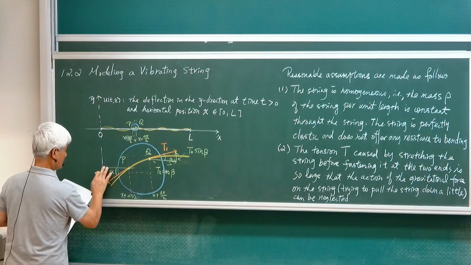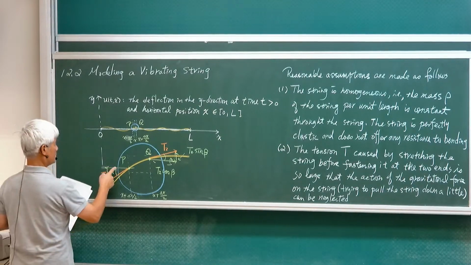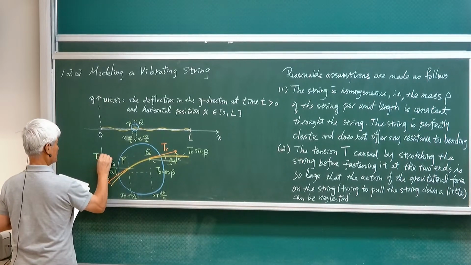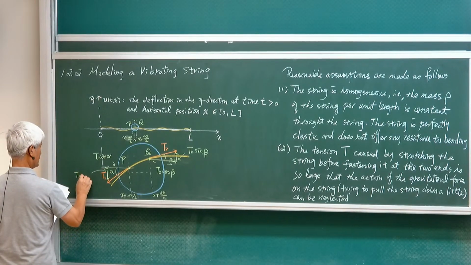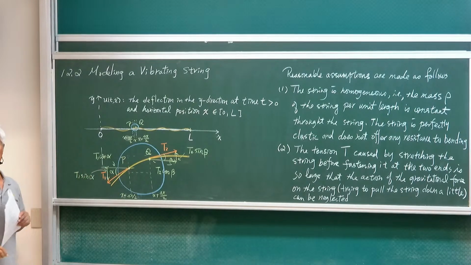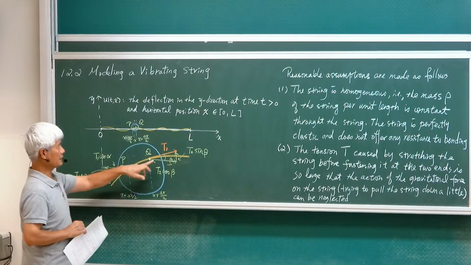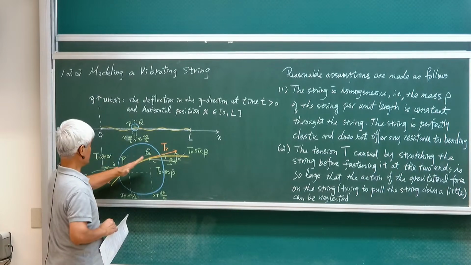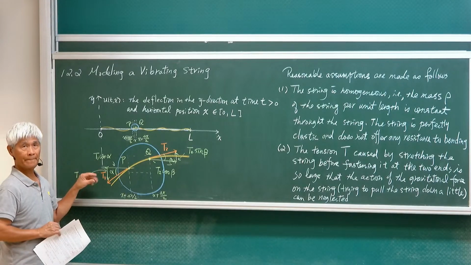Similarly, the horizontal component here is T1 cosine alpha, and the vertical component is T1 sine alpha. So you see here, alpha and beta correspond to the slope, right? And so they are all quite small.